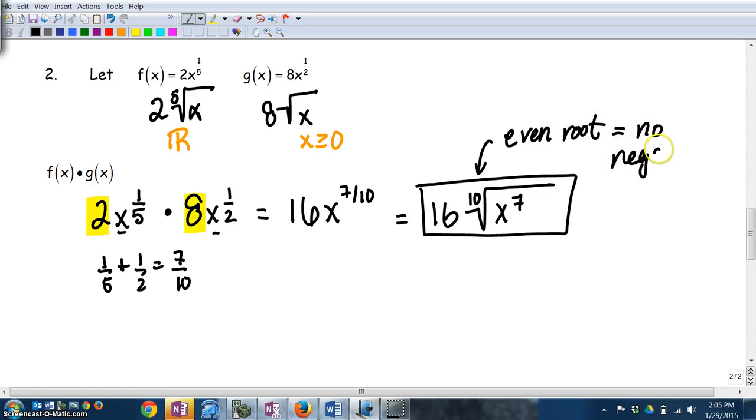No negatives. So your domain is x such that x is greater than or equal to 0. Basically, you're going with the most restrictive. This one could be whatever, but this one's like, no negatives. So you need to make sure it works for everything. So there's your domain.